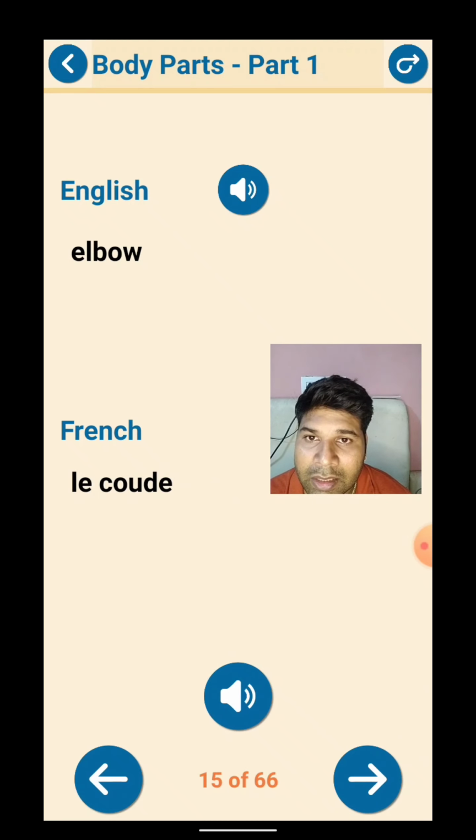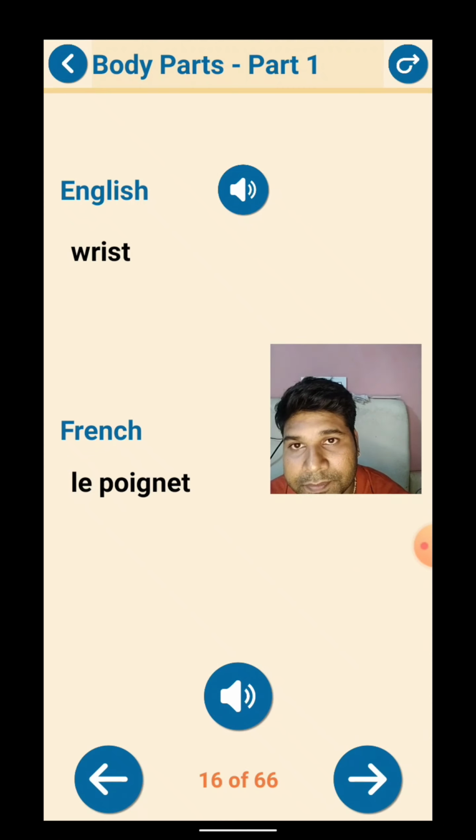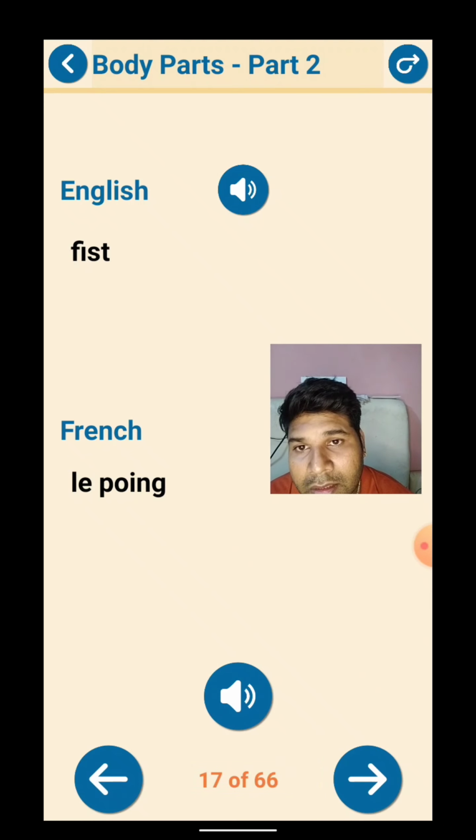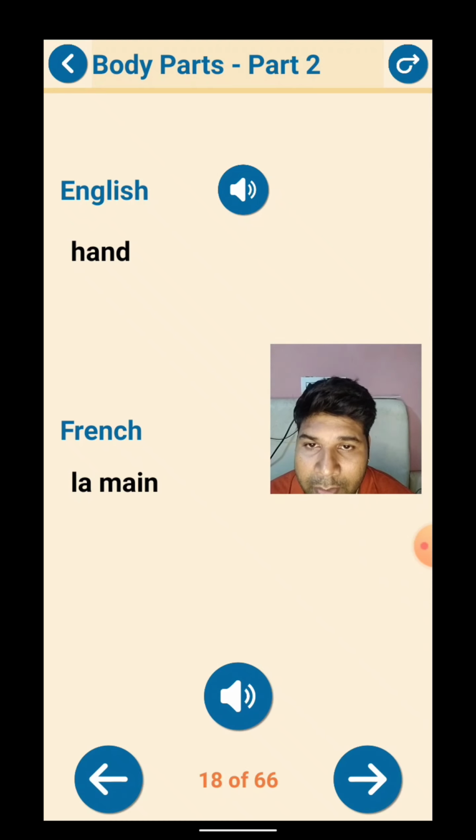Elbow in English, le coude in French. Wrist in English, le poignet in French. Fist in English, le poing in French. Hand in English, la main in French.